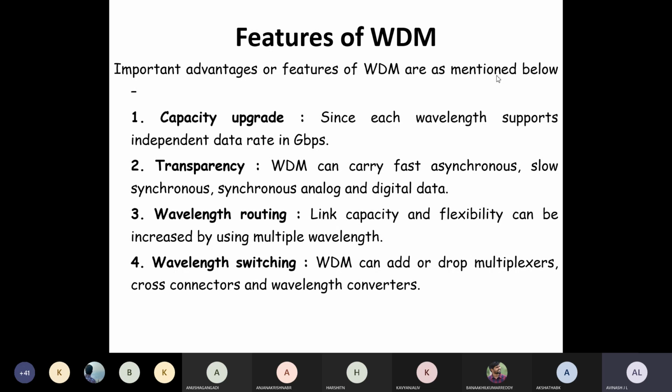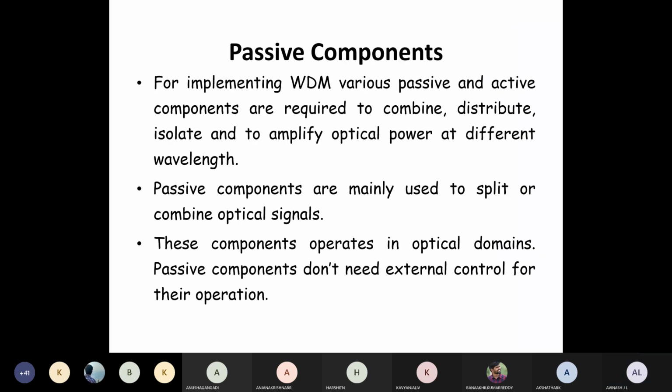After you've taken this down, we'll move on to the next slide. In this WDM topic, we are going to discuss the first components, that is the passive components. Take the heading passive components.